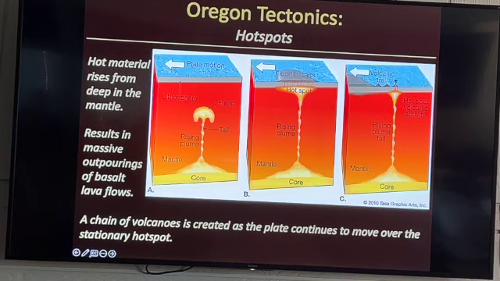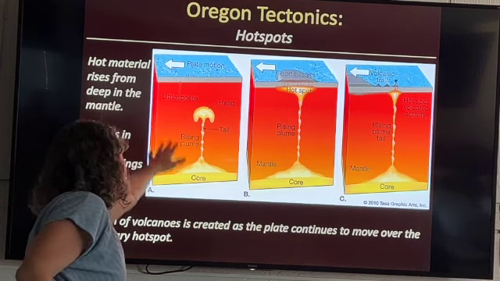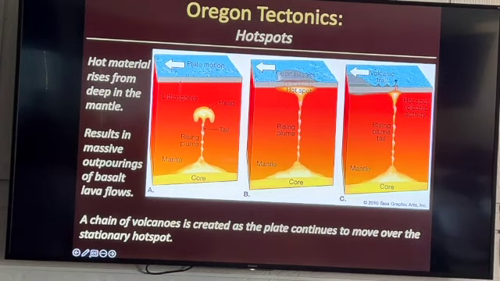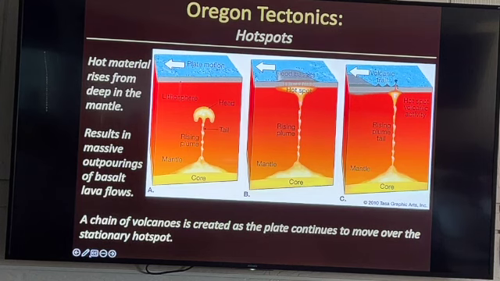And where do they actually start? Is it at the core mantle boundary, which is shown here? Or is it somewhere else in the mantle? Or do some of them start at one place and some of them start at another? These are all questions that people are researching now and trying to answer.